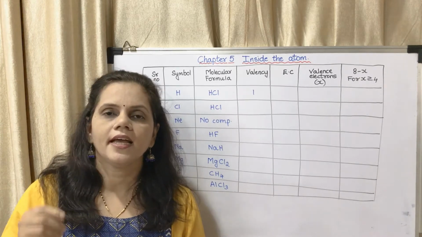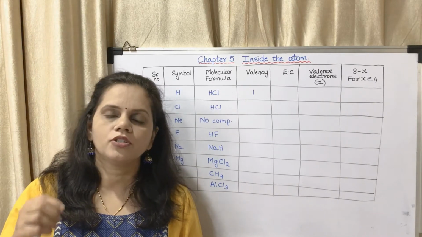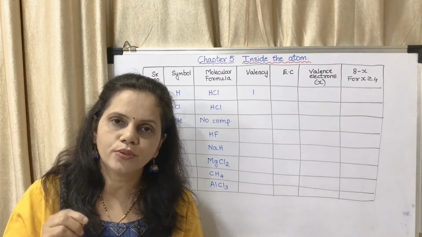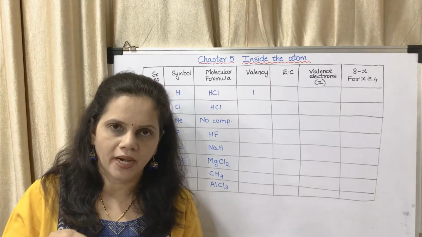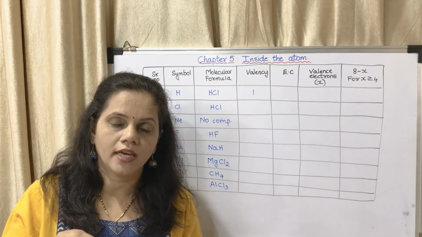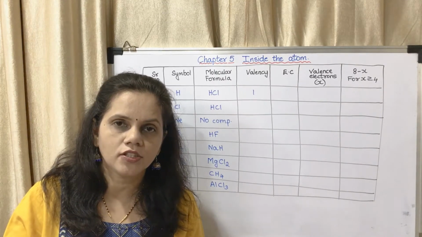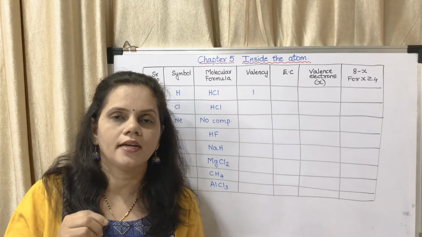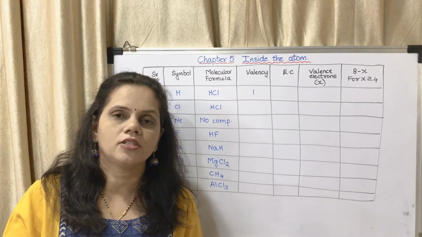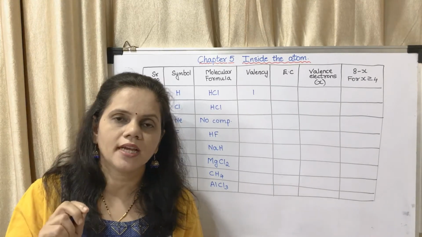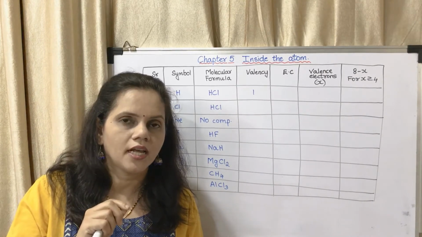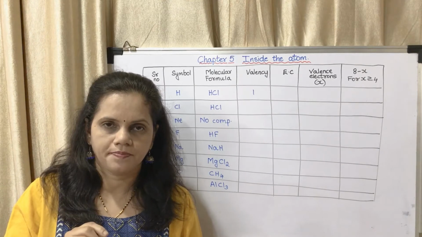Because it has 8 in the outermost shell. If it has 2 in K shell, then it is an electron duplet. If it has 8 in L shell or M shell, it is called an electron octet. You may underline those two terms, electron duplet and electron octet.